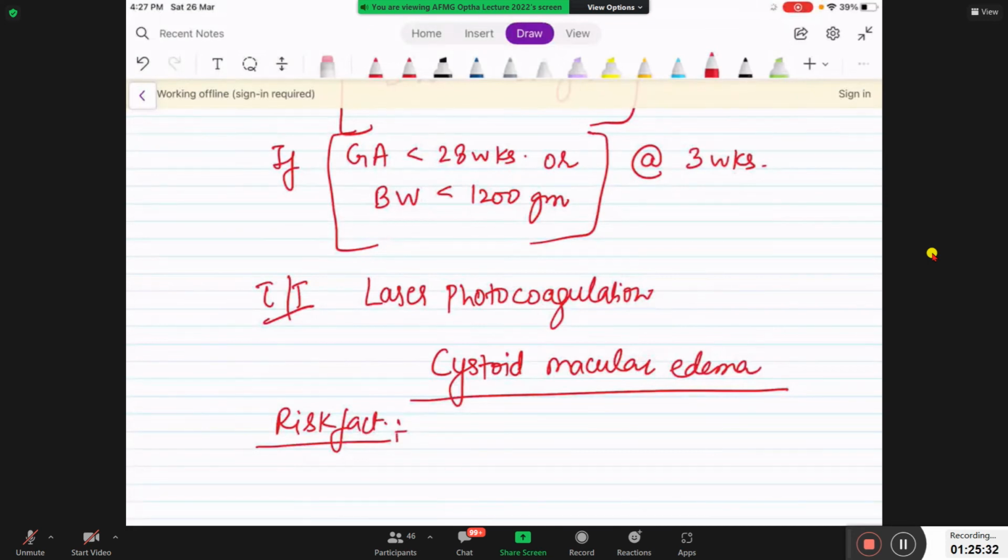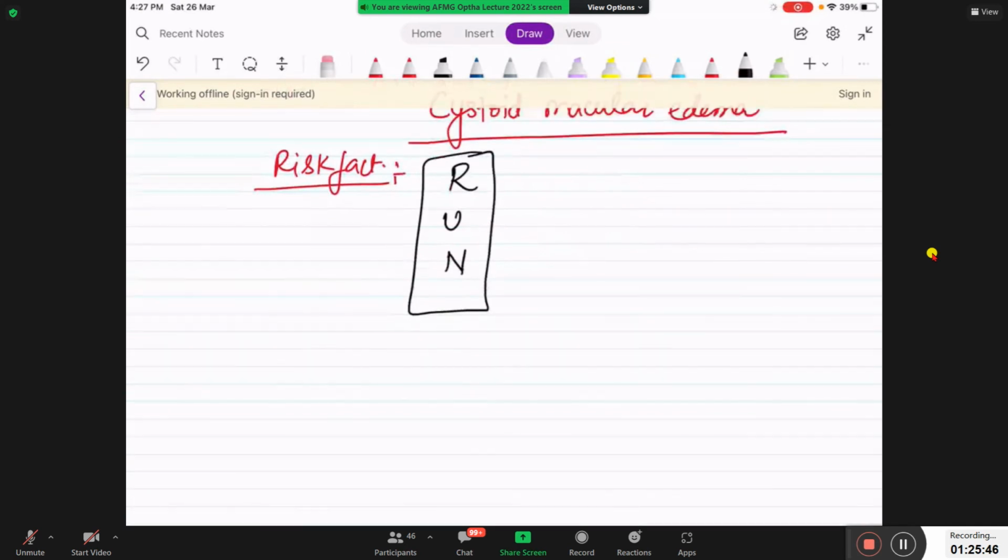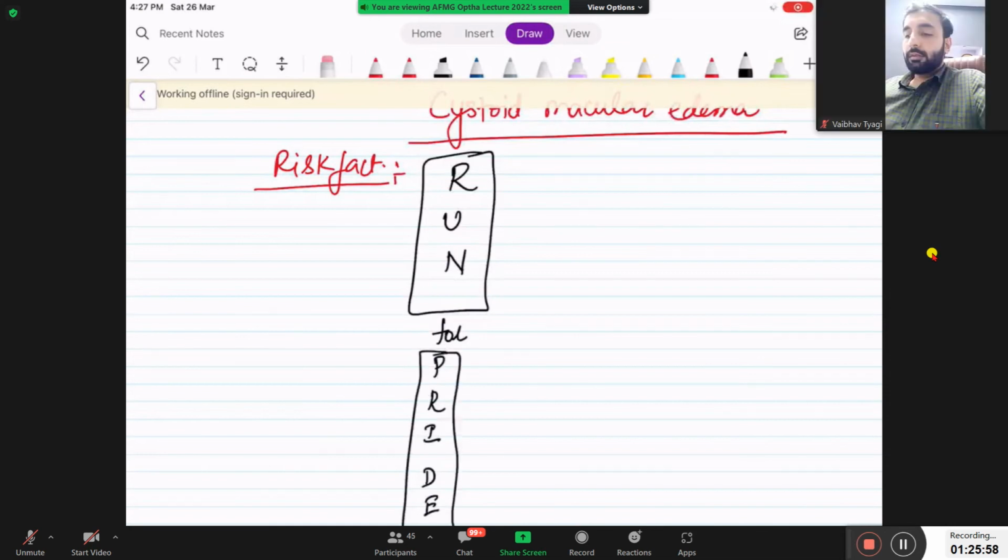There are a number of causes for cystoid macular edema. Write down the mnemonic: Run for pride.